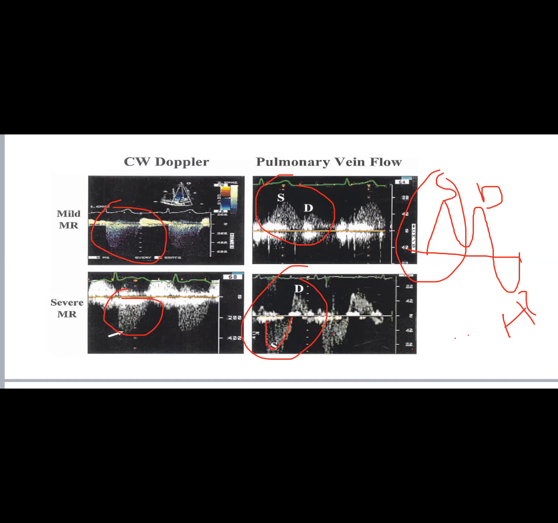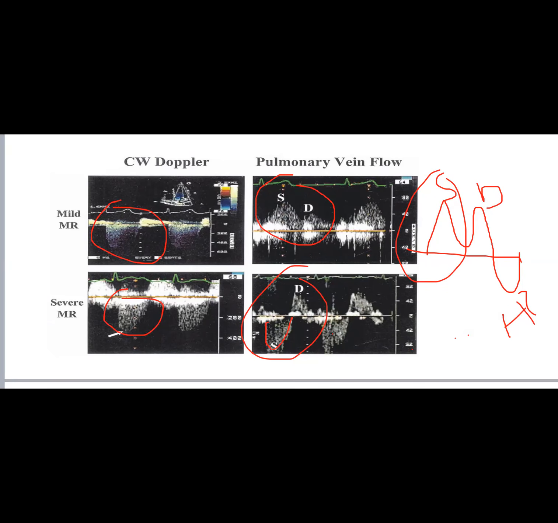And remember in Dr. Muktaba's lecture, we said that this is a specific sign with a high degree of positive predictive value. But you have to be cautious. If you don't demonstrate it, that does not rule out severe MR, because it's not the function of severe MR alone. The architecture or the geometry of the left atrium and the geometry of the jet have a lot to do with this reversal.